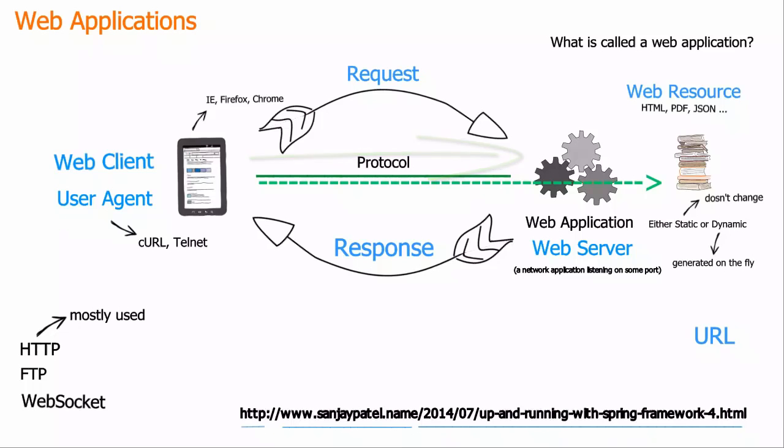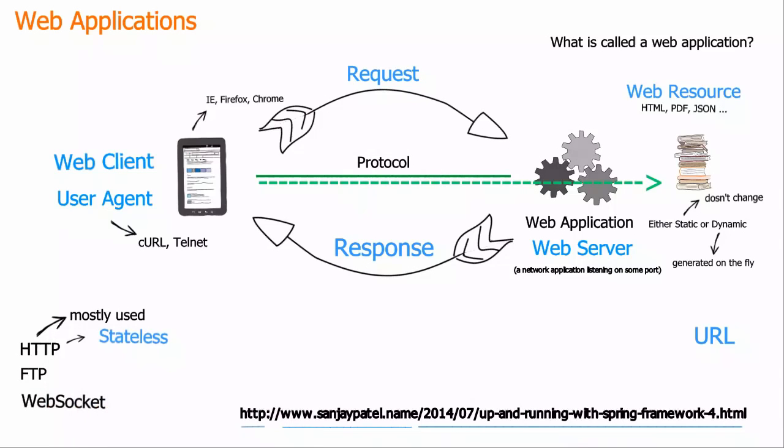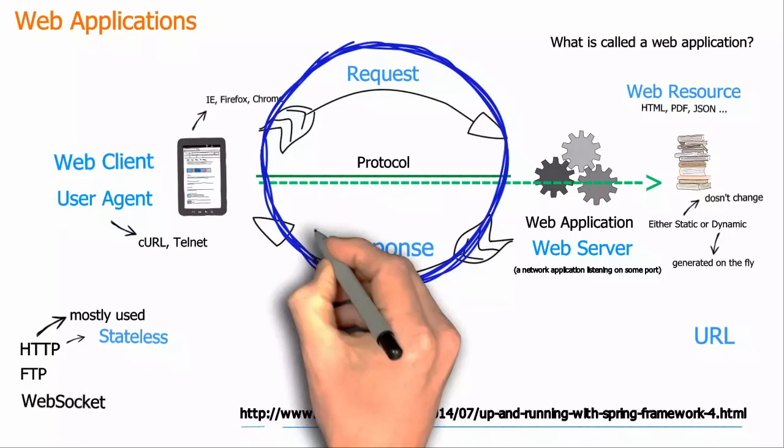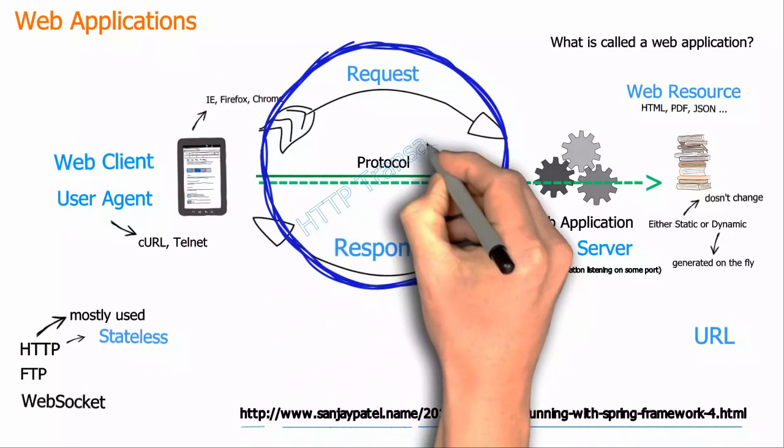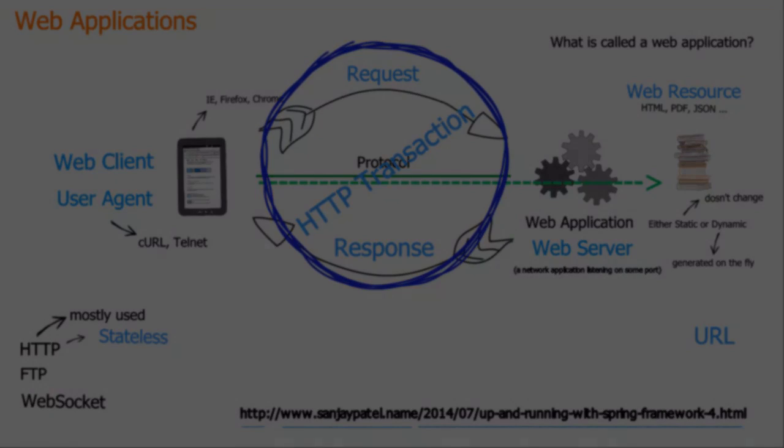Because of this nature, the HTTP protocol is called a stateless protocol. And this one pair of request and response is called an HTTP transaction. So this was a basic overview of how web servers and web clients work. In the next video onwards, we shall be going deeper into all these.